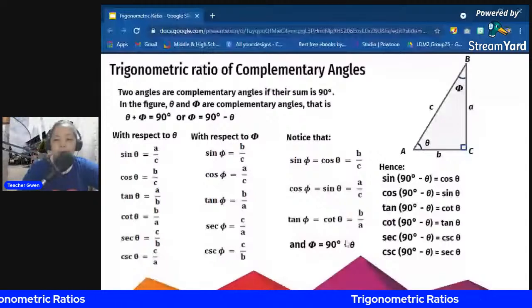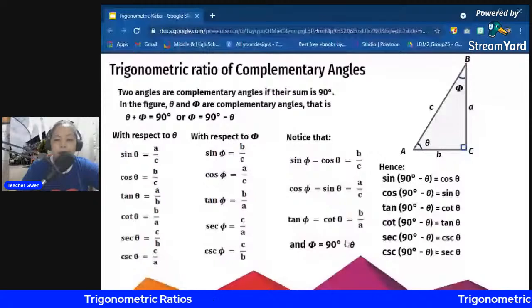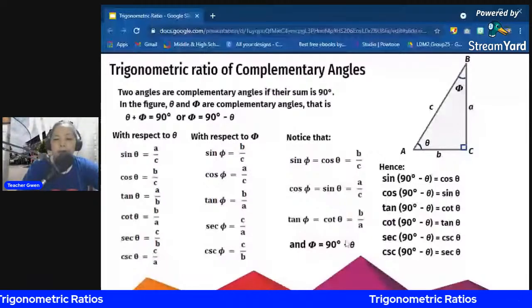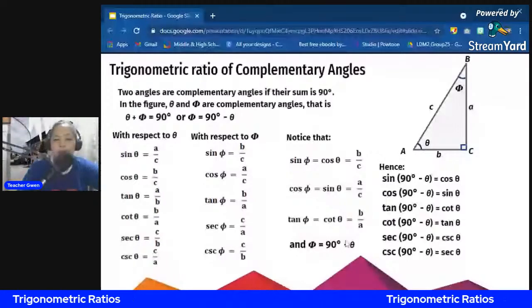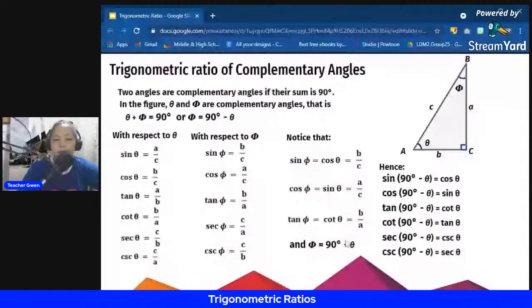Therefore, if we apply this, instead of phi we substitute 90 degrees minus theta.